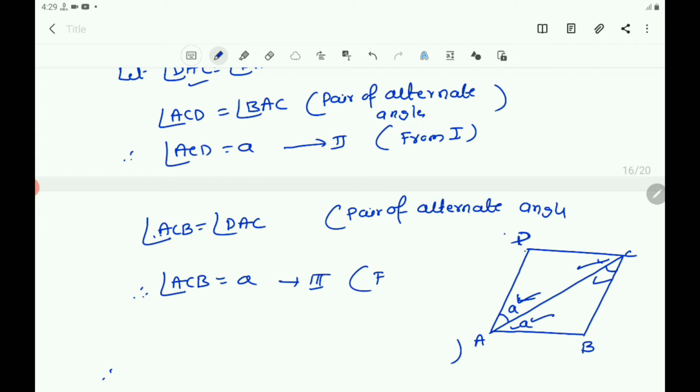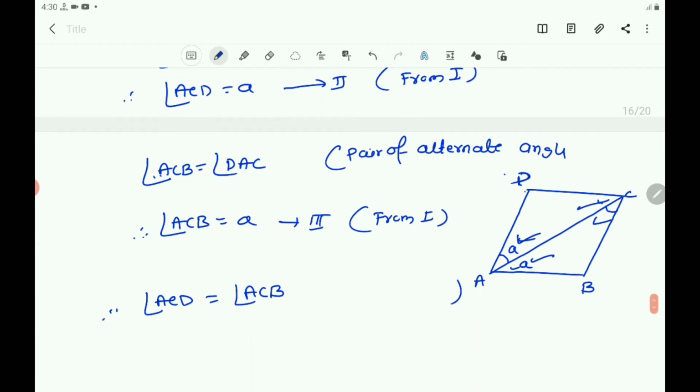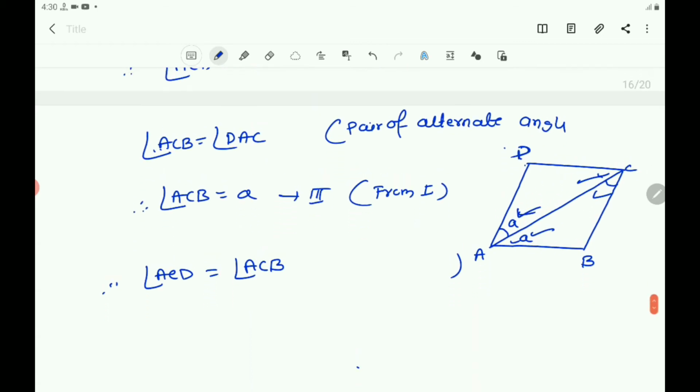The reason is the same, from first. In first we have taken both equal to A. Therefore, both these are equal to A, so angle ACD equals angle ACB. These two are the angles made by the line AC.